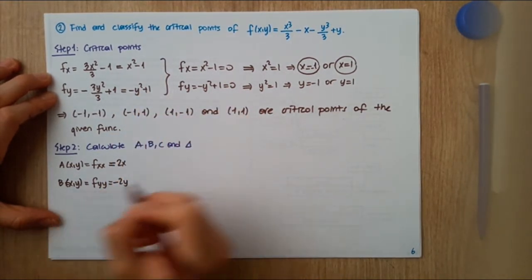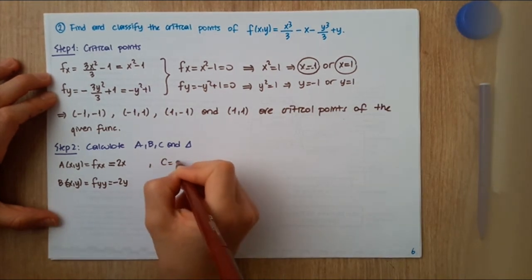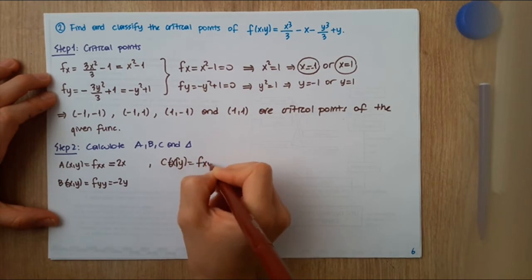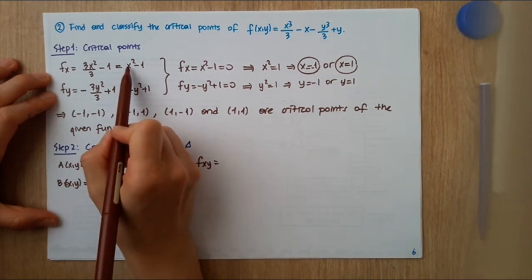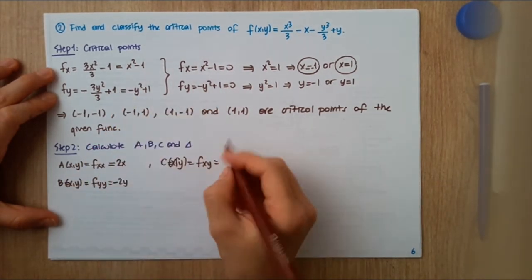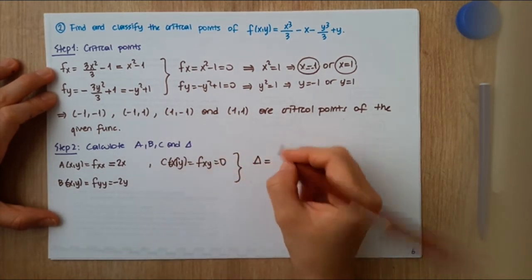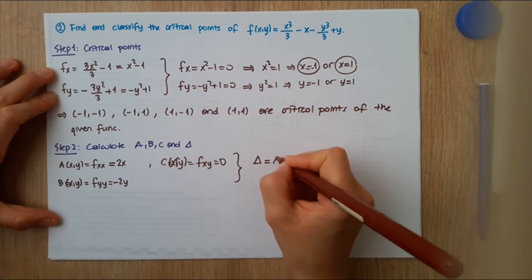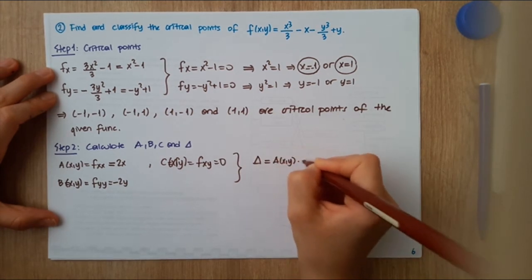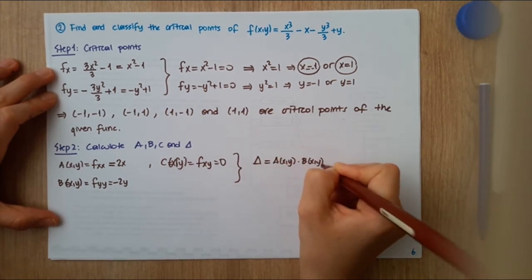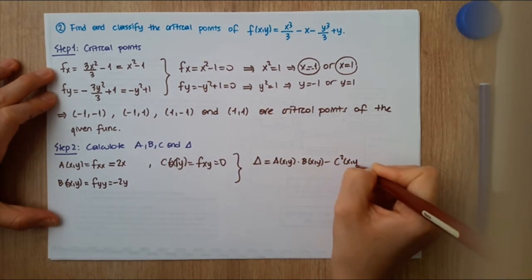And C(x,y) is f sub xy, so the derivative of f sub x with respect to y is 0. So I have delta equals A(x,y) times B(x,y) minus C squared(x,y).